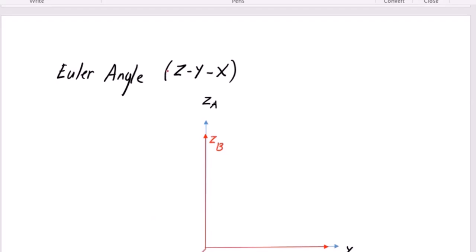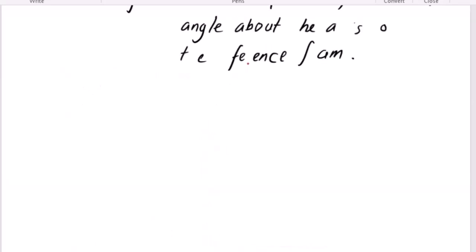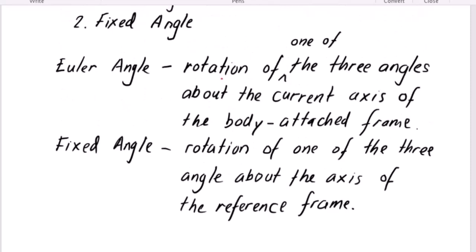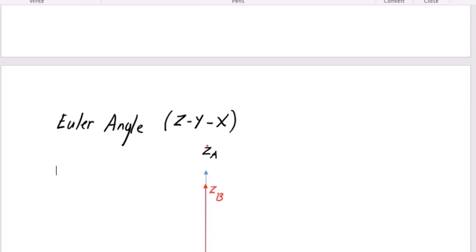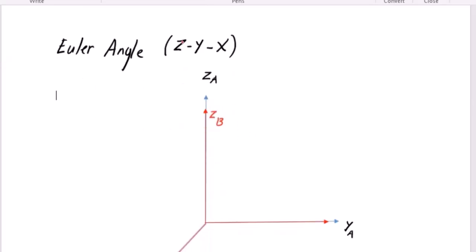Now, rotation using the definition of the Euler angle: rotation of one of the three angles about the current axis of the body attached frame. Our rotation will take place beginning with Z, Y, followed by X.